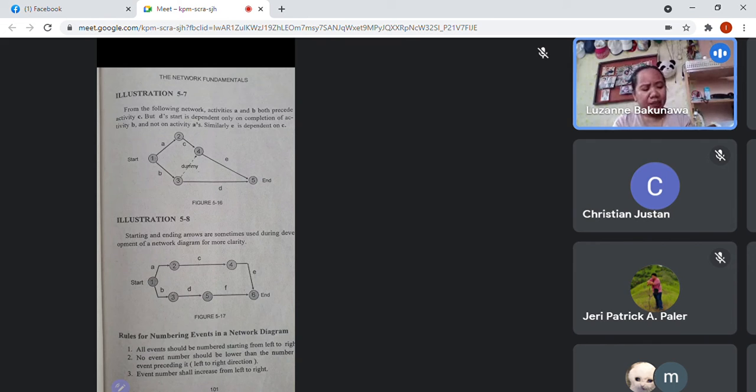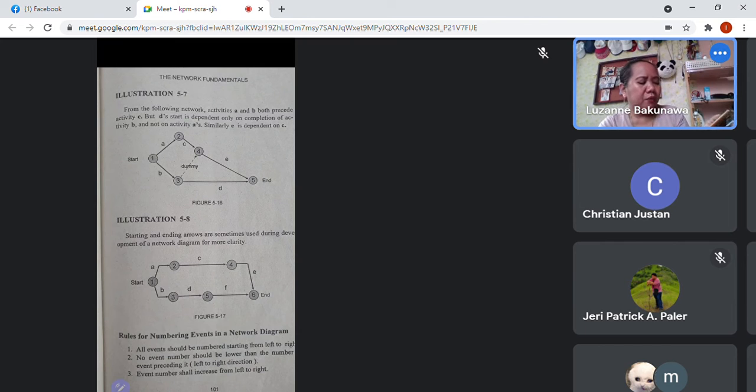So earlier, A and B start together, then D must start after B, and C must start after A. So that's simple.